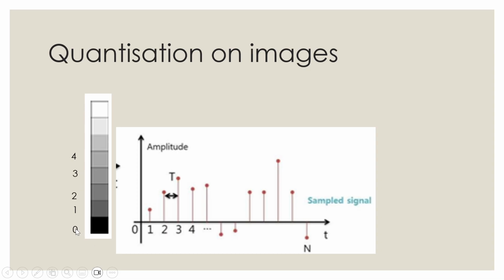The values between 0 to 1: whenever the amplitude of the sampled signal has an in-between value from 0 to 1, it is approximated to either 0 or 1. We can fix the threshold. If we fix the threshold as 0.5 and the signal amplitude is 0.4, it is well below the threshold of 0.5, so we approximate it to 0.